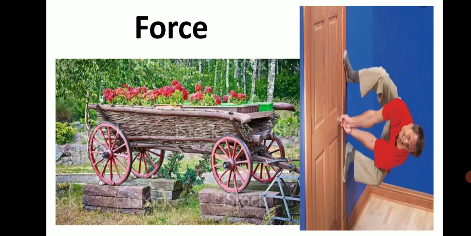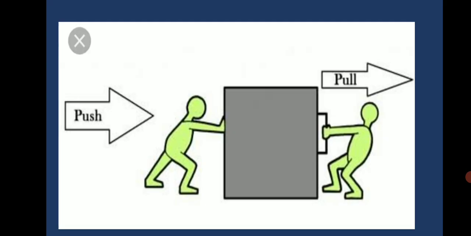These two examples show that motion can be produced in an object by giving a push to it or by pulling it. So, what is force? Force may be thought of as a pull or a push. We can say therefore that we can produce motion in a body by a push or a pull applied to it. So, push or pull is known as force.